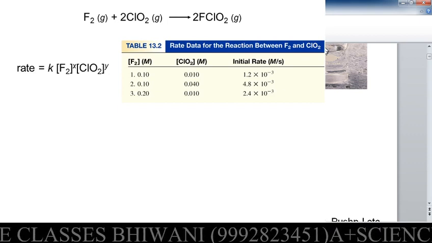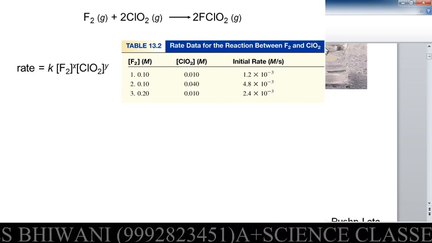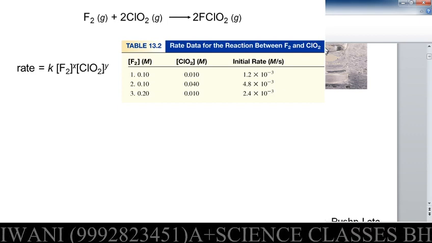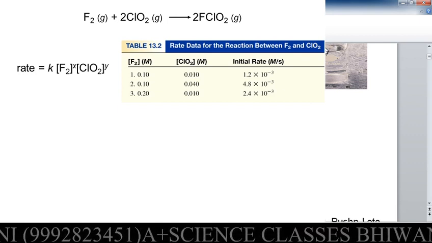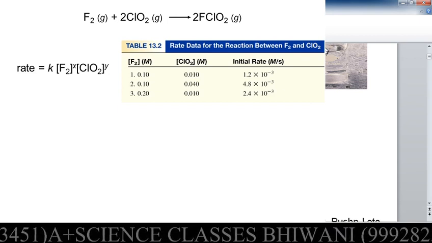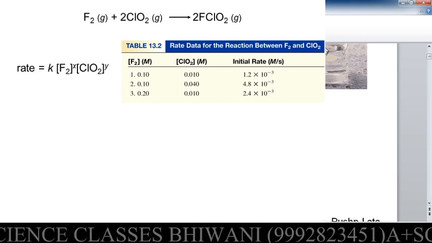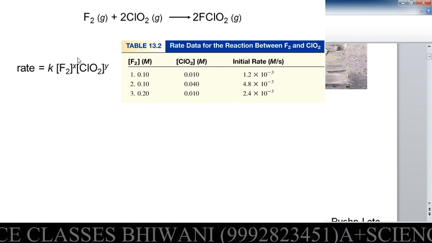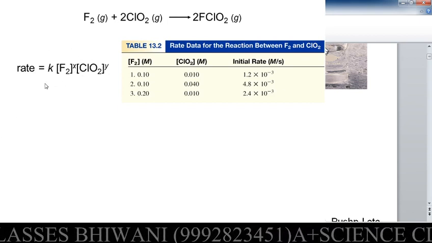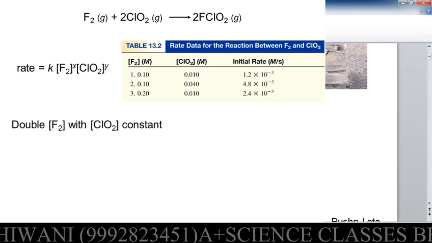So according to the reaction, our rate is equal to the rate constant times the molar concentration of our reactants raised to the power of their molar stoichiometric coefficients. Is it clear? So if we want to write down the values of x and y, we again write down our experiments, what we observe.